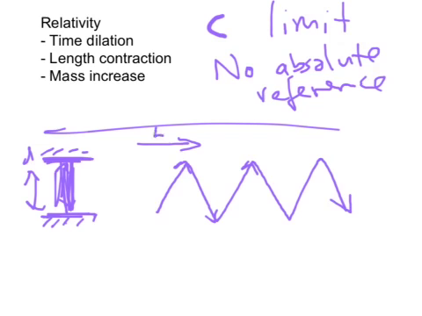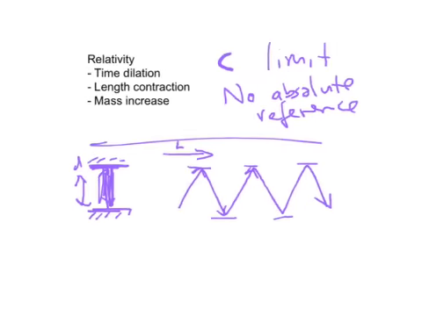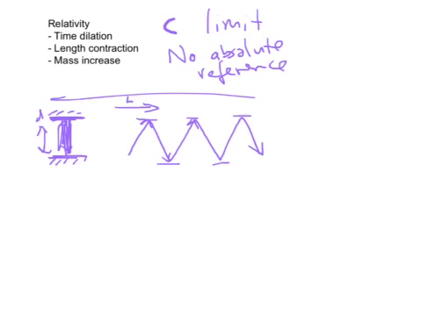And it's bouncing off the mirror because the mirrors are moving at the same time as it hits. Now what we might have is a stationary observer outside. From their perspective, the distance that the light beam has covered has increased. But from the inside view, the distance has stayed the same.